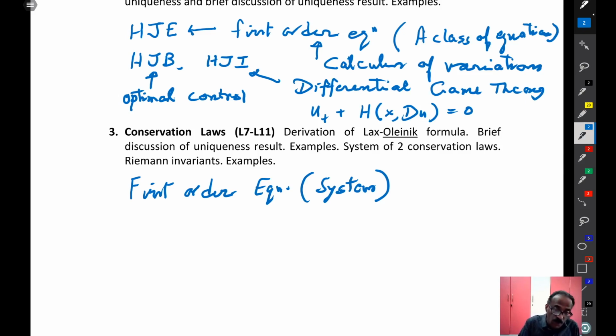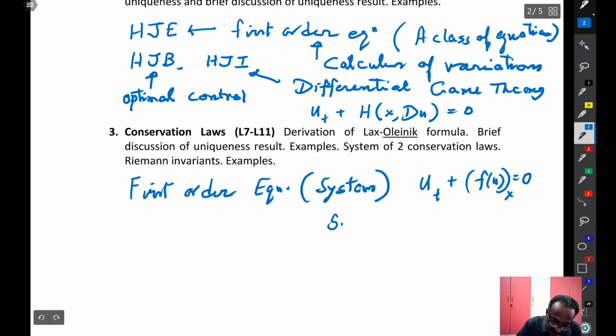So conservation laws are another special class of equations of this form, u_t. You have a conservative structure, or the variational structure. And you have already seen a special case of this equation, u_t plus u u_x equal to 0.